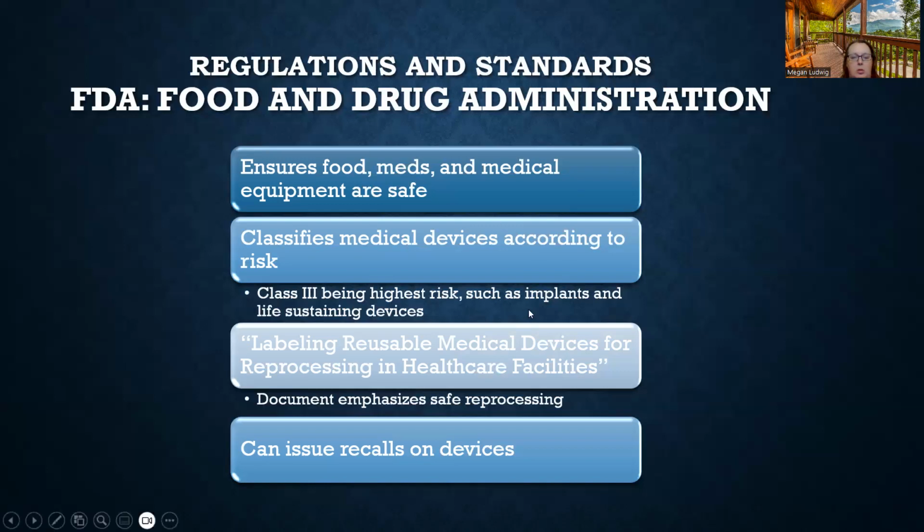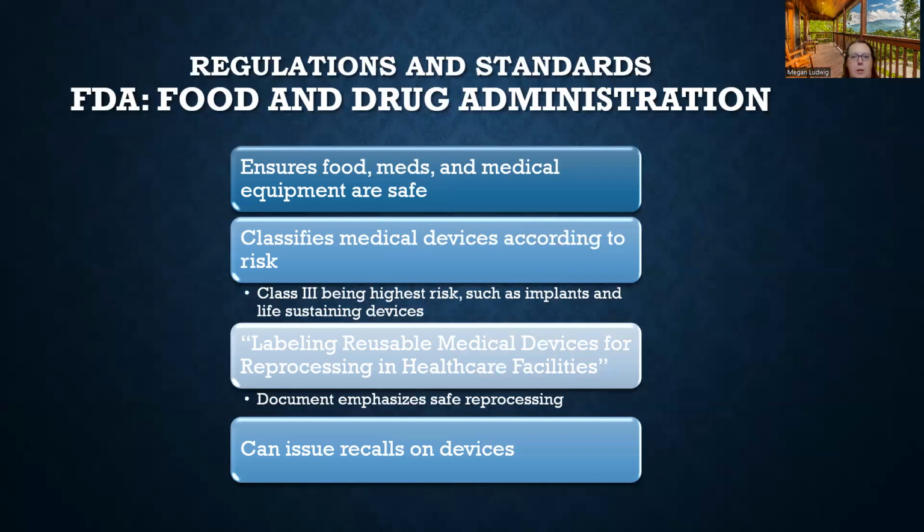So an implant, something like a hip implant or a knee implant or a pacemaker that we're going to put inside the body, that is a high risk level medical device. So those have to be sterilized. Okay. They also affect reusable devices. Labeling reusable medical devices for reprocessing in healthcare facilities is a document that they created that emphasizes safe reprocessing.